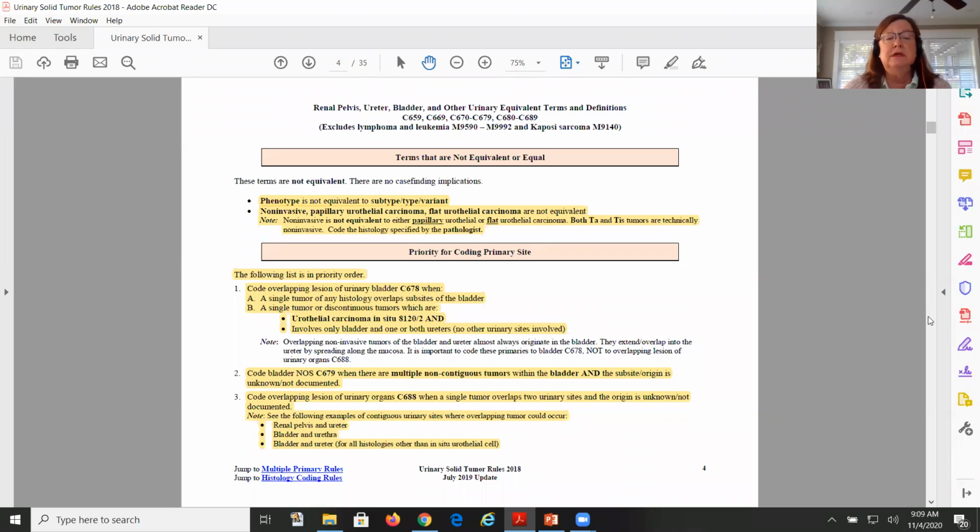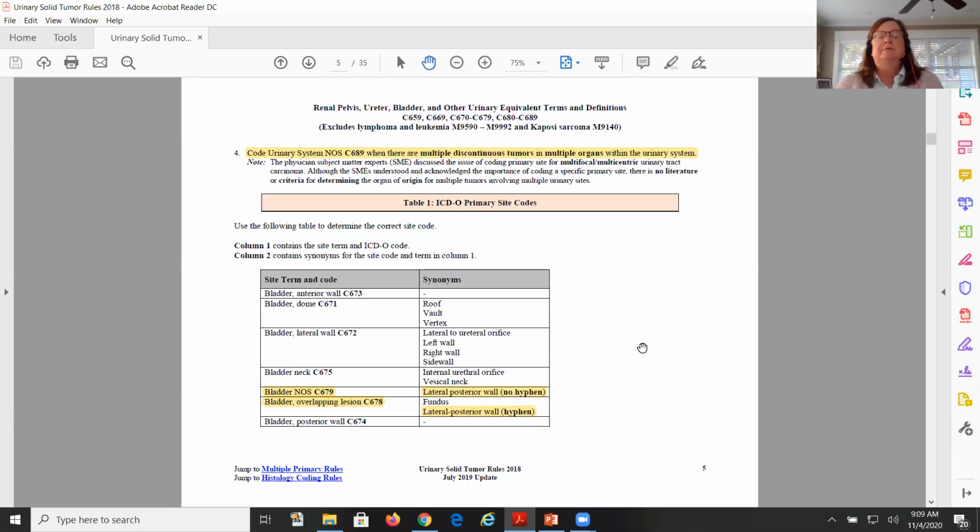This includes renal pelvis and ureter, bladder and urethra, and bladder and ureter, except for the histology of 8120/2, for which you would apply the instructions from number 1 up above.